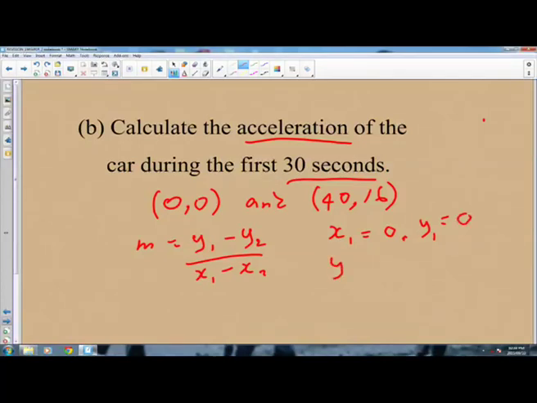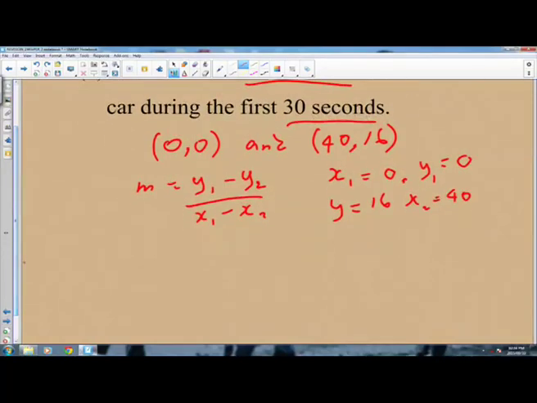y2, which is the second point, y2 is 16, and x2 is 40. So we can now substitute in the formula for the gradient, which says y1 minus y2 divided by x1 minus x2.